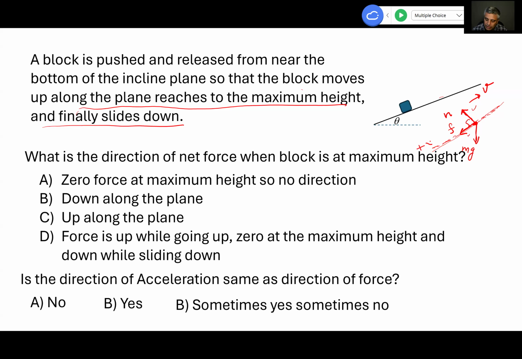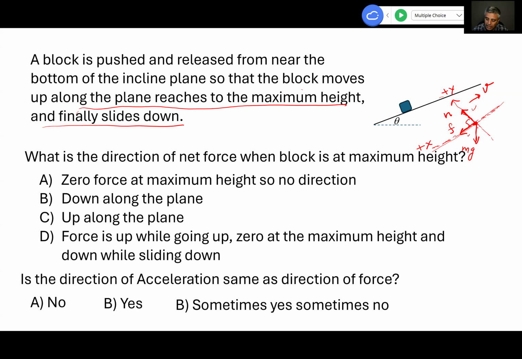So here, let's say positive x is downhill. You can choose uphill as the positive axis as well. And once you fix x, y is always perpendicular. So let's say this is positive y. Now you see the normal force is along the y direction, good. Friction force is along the x direction, good, but weight, mg, is neither. So we need to find the components of that one.